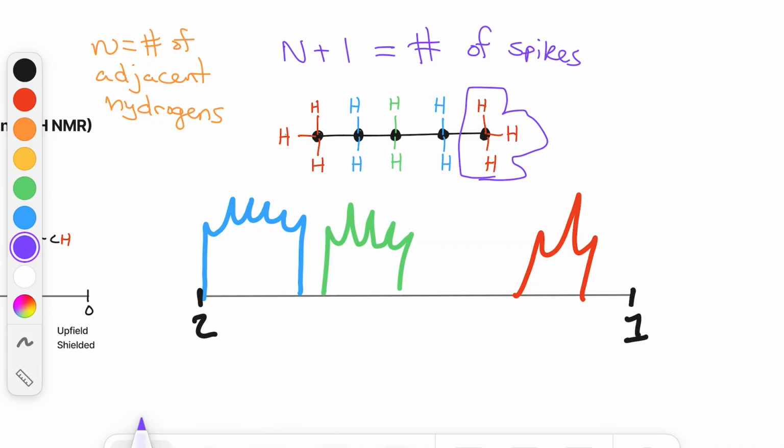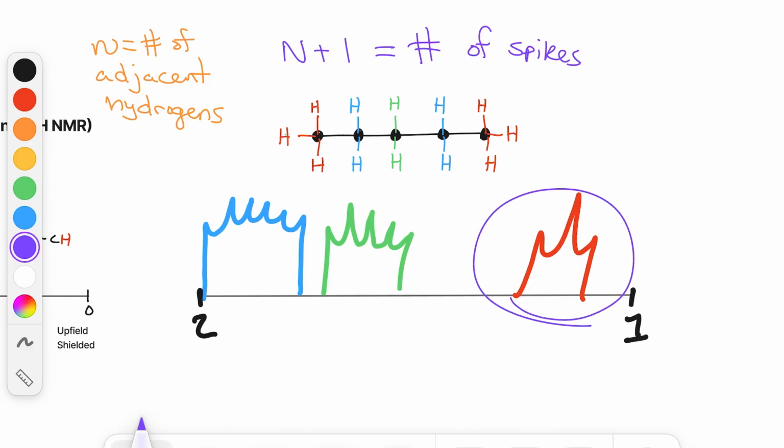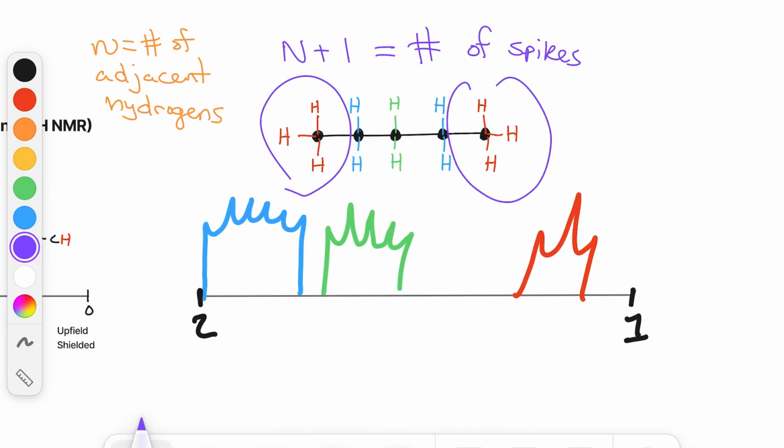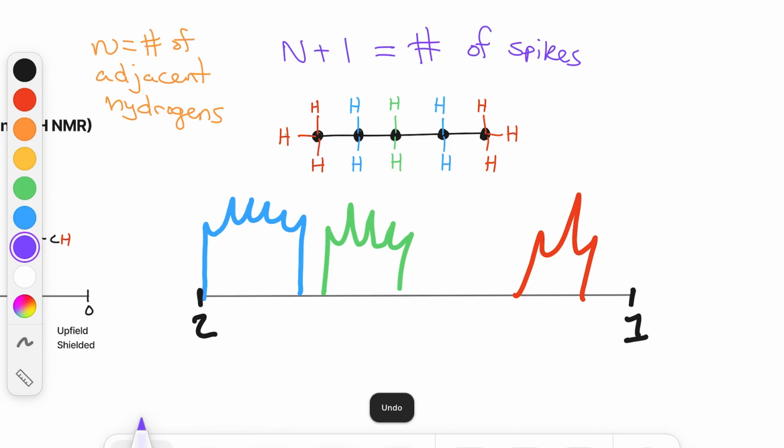The integration number tells us how many hydrogens are actually giving off the signal. As we talked about earlier, in this red signal there are actually 6 hydrogens giving off the signal because of that symmetry. So the integration number for red is going to be 6. The integration number for green is 2, and the integration number for blue is 4.